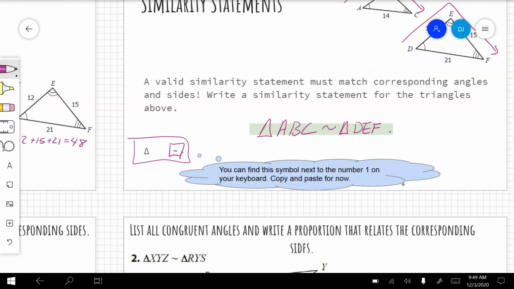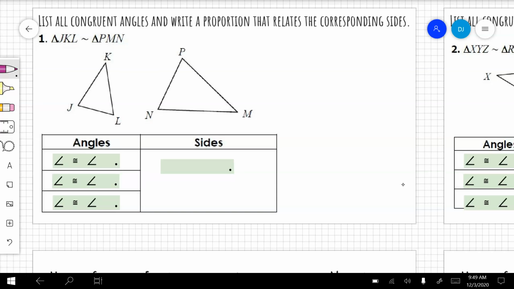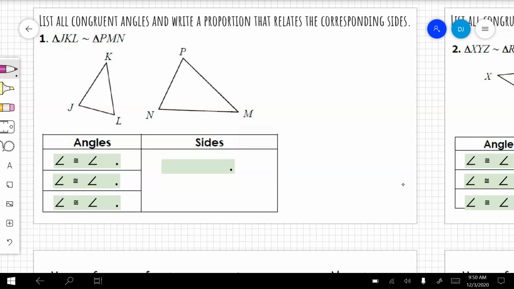Okay, let's go ahead and take a look at our first example. For our first example, we're going to write all the congruent angles and we're going to write a proportion that relates the corresponding sides. So when we do that, this is our congruency statement, which helps us with our similarity statement.